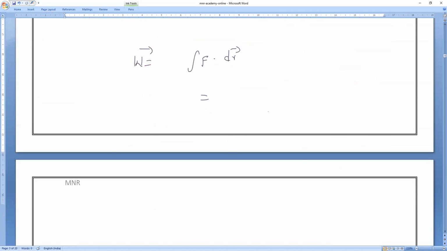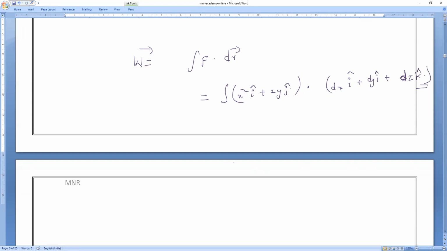So what is the F value, all of you? x square i cap plus 2y j cap, dot dx i plus dy j plus dz k cap. Is it okay? Everyone understood? Speak loudly.